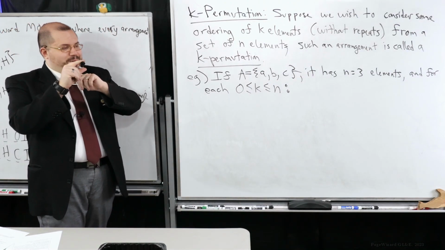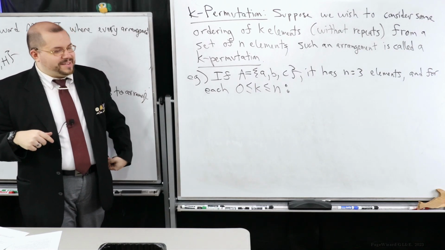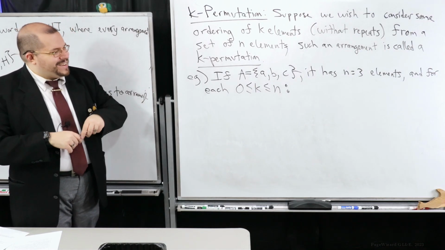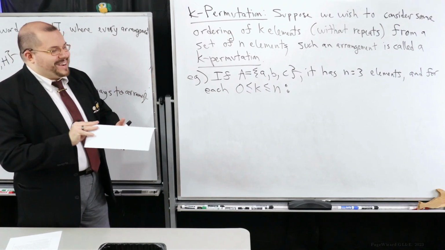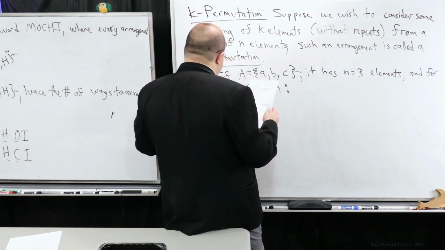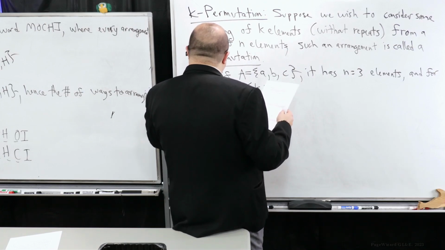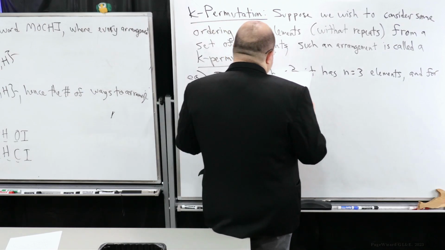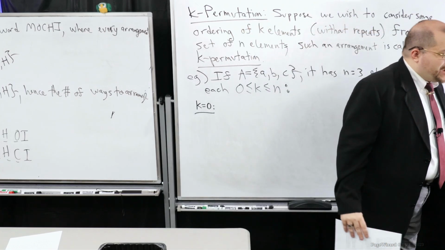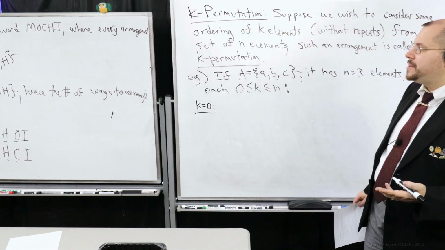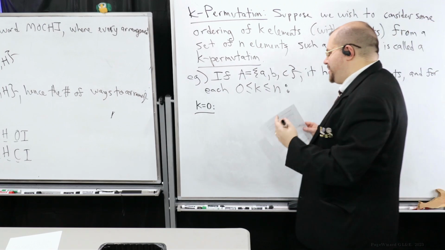So if I consider k equal to 0, how many orderings are there if I pick no elements? Well, there's just one: the empty listing.